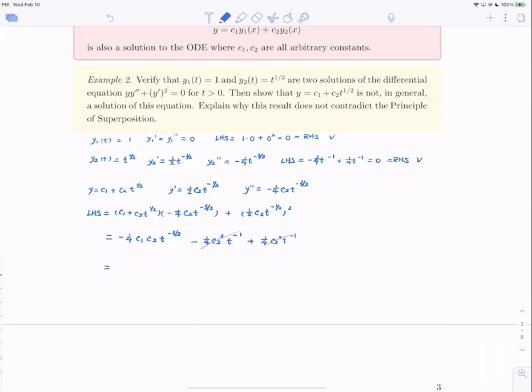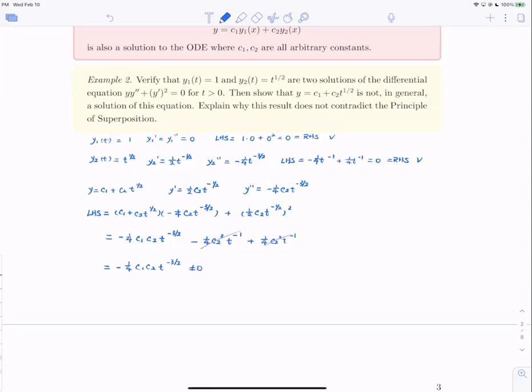You get negative 1/4 c1 c2 t to the negative 3/2, and you can tell that this does not equal 0 unless c1 or c2 equals 0. So generally speaking, this does not equal 0.